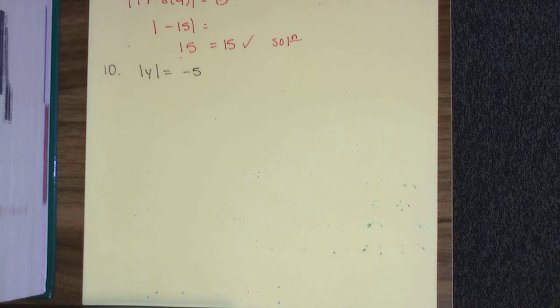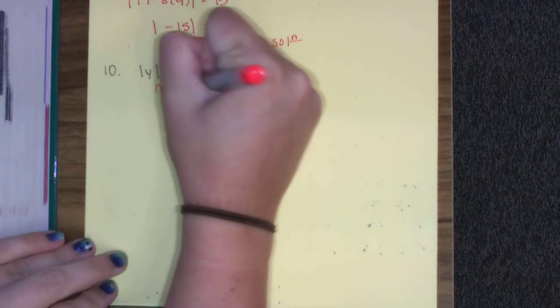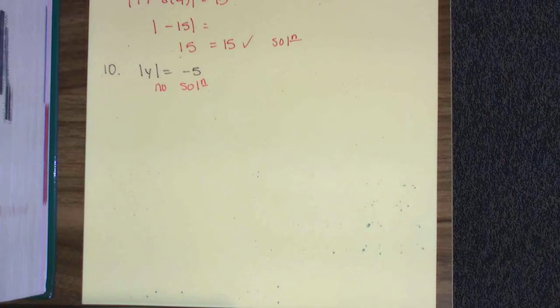But is that equal to -5? We can't change it. It's got to be as is. Is there any value of y that when you take the absolute value is going to be equal to -5? No, so it's no solution. Okay, so this one does not have a solution, but you have to write no solution, obviously. Because if not, I'll think you just didn't do the problem.